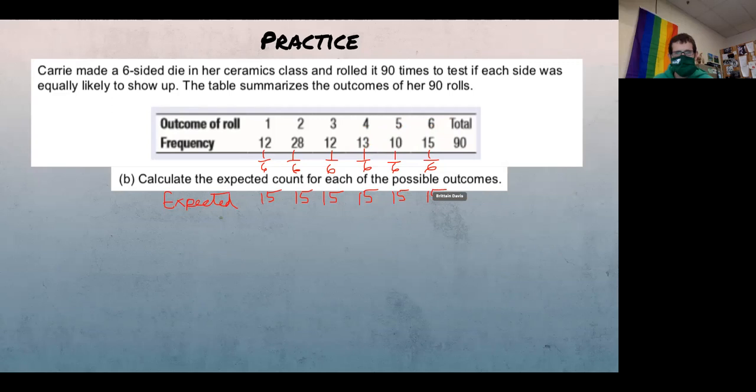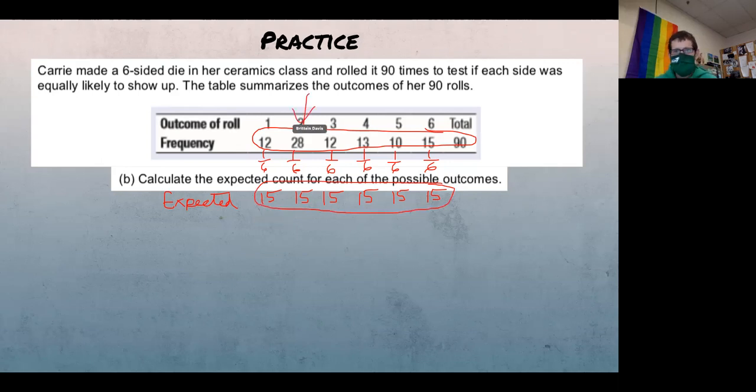And remember what a chi-square test is doing. We only learned it yesterday. The chi-square test is basically saying, is the outcome that we got out of 90 rolls so far off of what we expect that we have to reject the null? Because right now we can see that 2 seems to be favored.